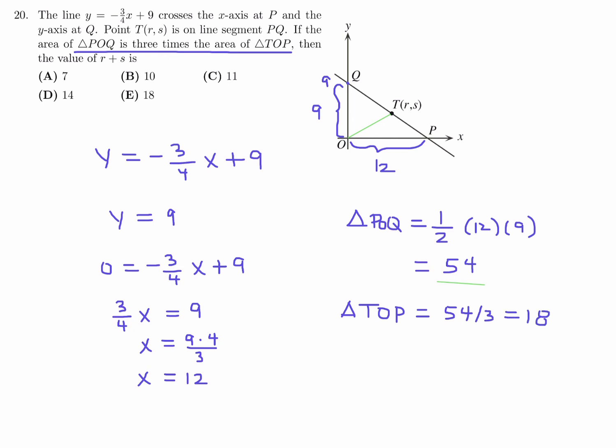All right? So now we have to figure out this area using our dimensions, and I'm just going to draw a height with that red line right there. So here we go. 18, which is the area of TOP, is 1/2 base times height. The base is this guy right here, 12. And the height, well, that is going to be represented in terms of either R or S. Which one?